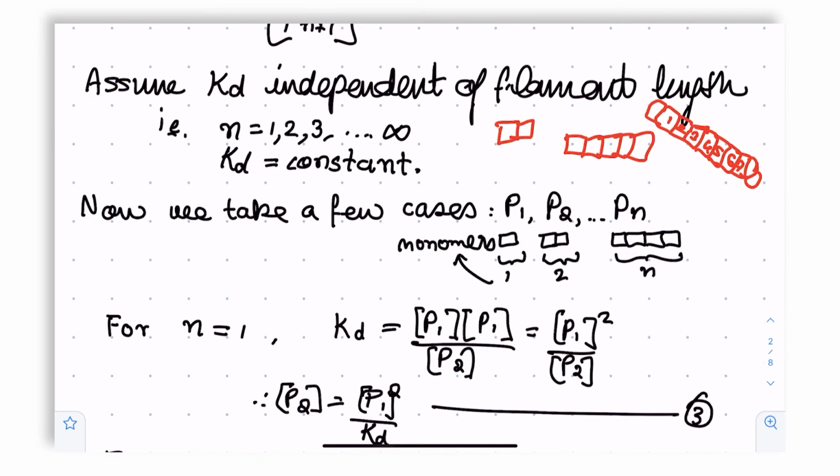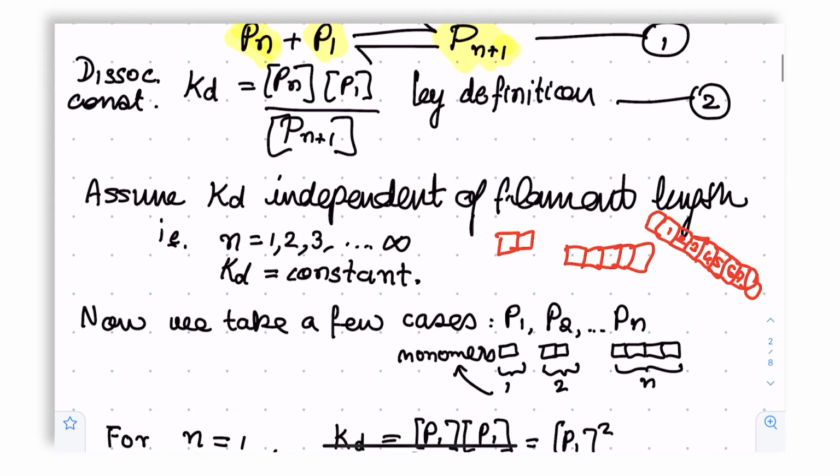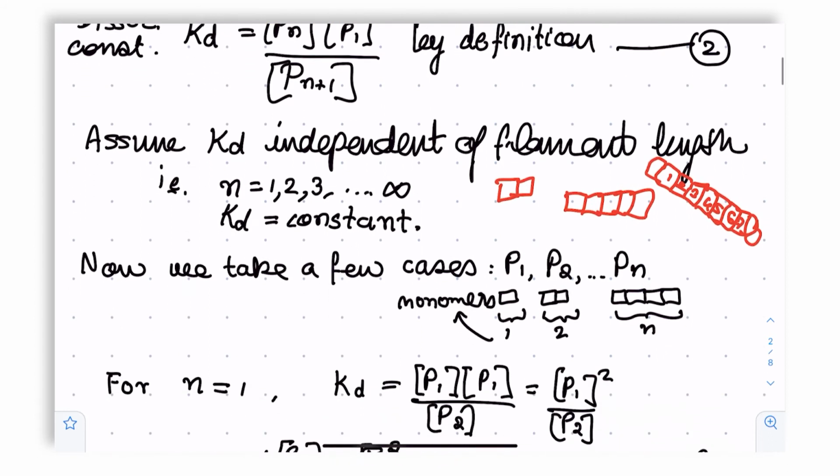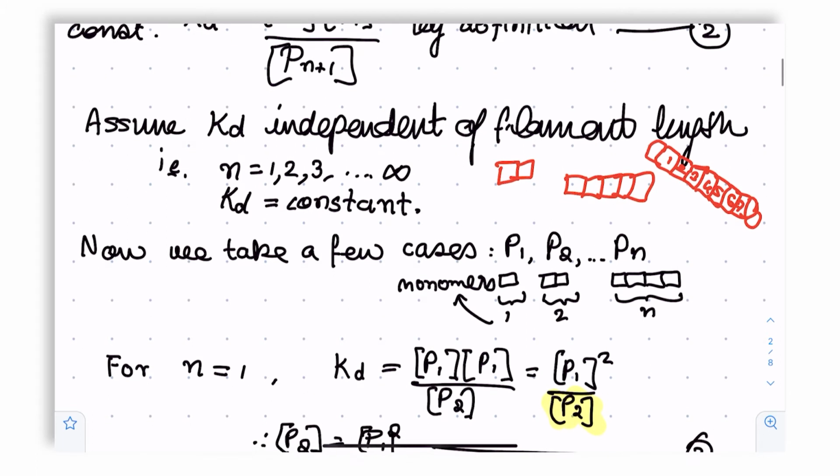So we take a few cases, P1, P2, Pn, and we ask what are the expressions that we can determine for their population. So for n equal to 1, Kd is P1 times P1 upon P2, which is P1 square by P2, which is kind of self-evident to most of you. Yeah, this was our polymer. These were the two precursors.